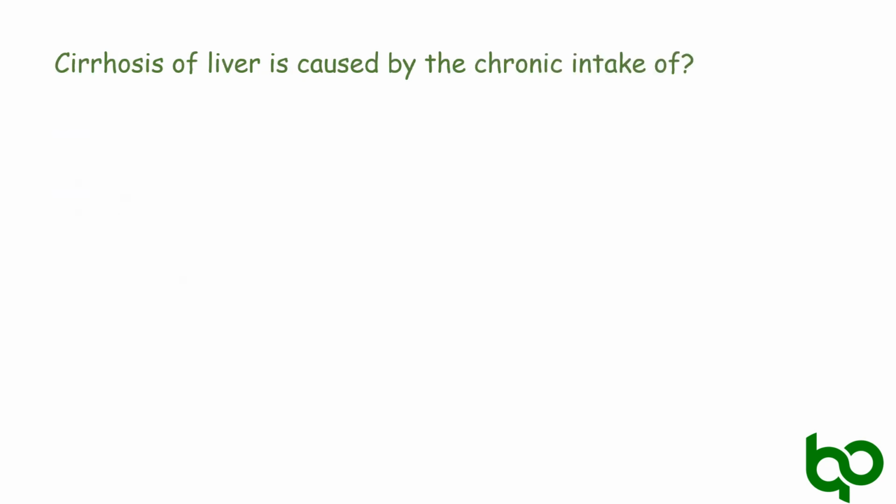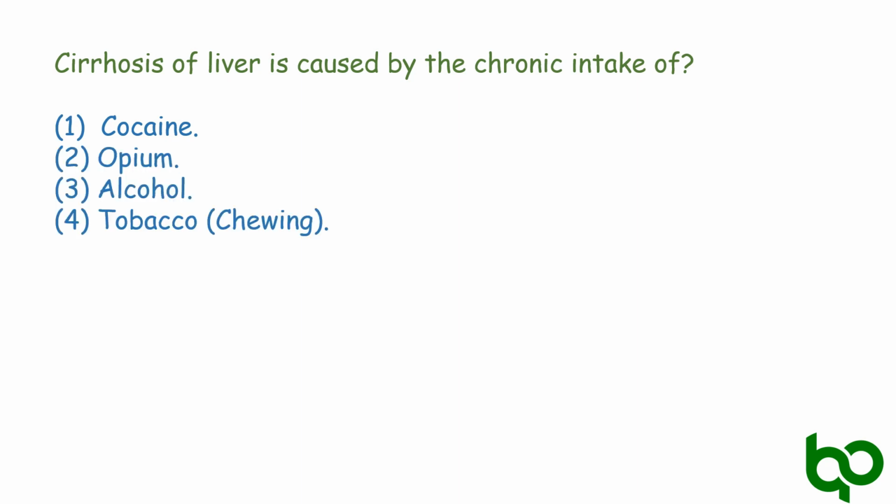Now the next question. Cirrhosis of the liver is caused by the chronic intake of: the options are 1, cocaine; 2, opium; 3, alcohol; and 4, tobacco chewing. Here the correct answer will be option 3, alcohol, because cirrhosis is an abnormal liver condition in which there is irreversible scarring of the liver.